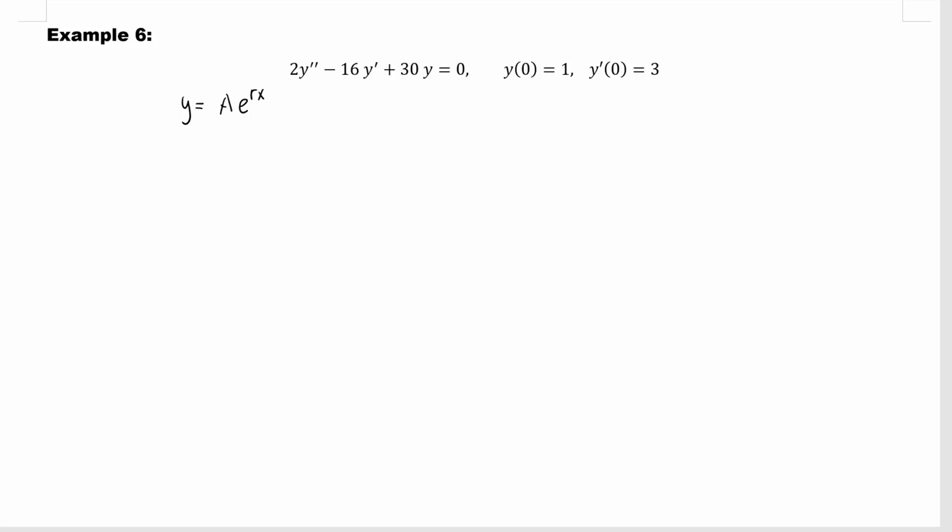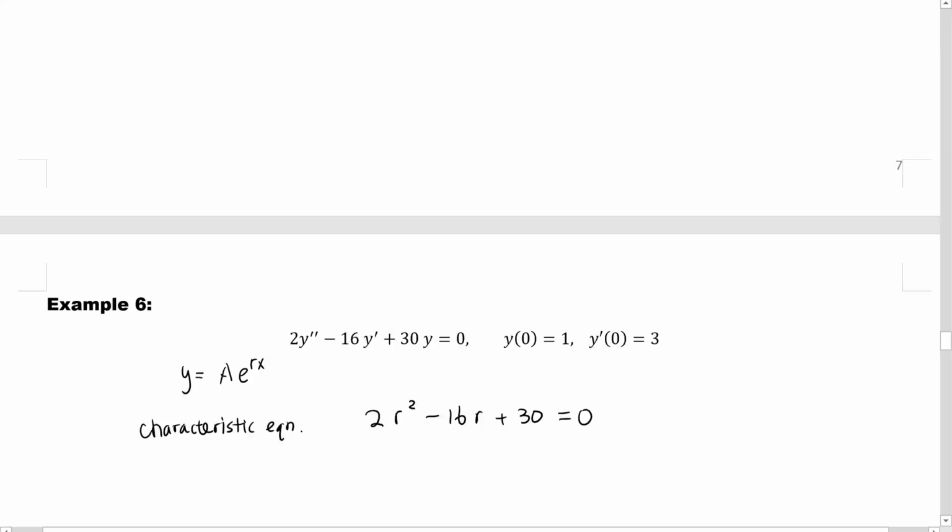And to get the characteristic equation, whenever you see y prime prime, you put r squared. Whenever you see y prime, you put r, and whenever you see y, you just get the constant. This is the characteristic equation. Why is that?